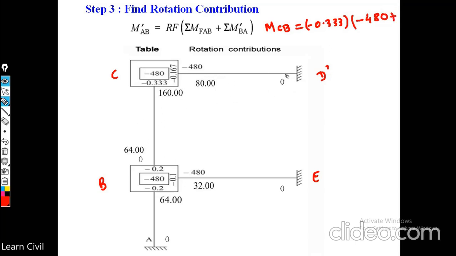Here we have 0, so 0 plus this 64. So this will be equal to 138.67. Just write down this value here.